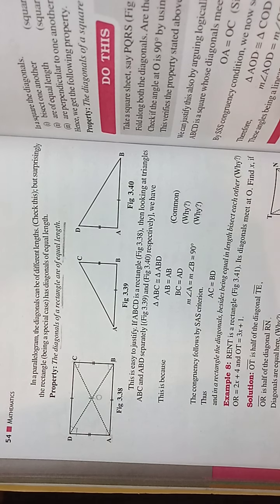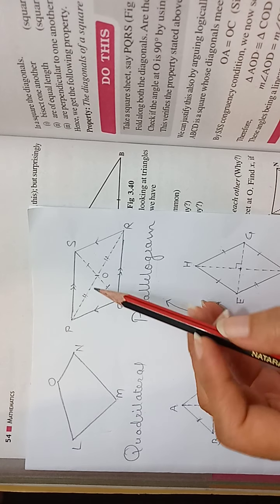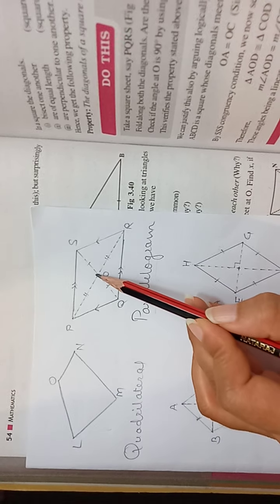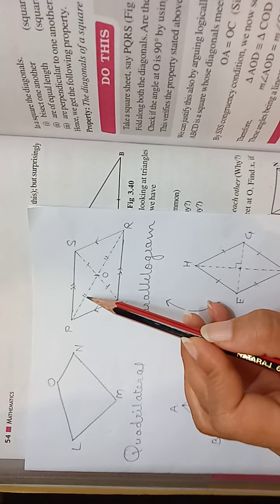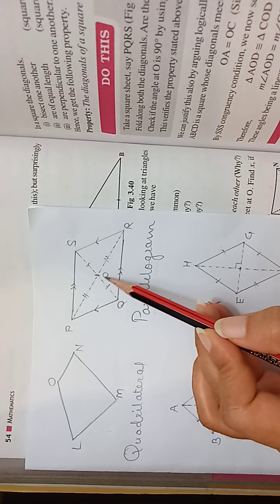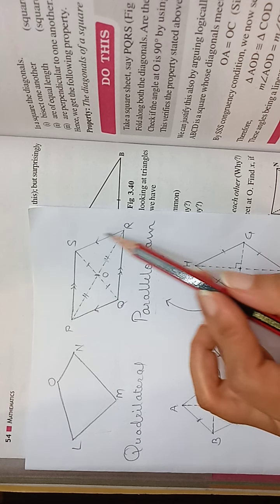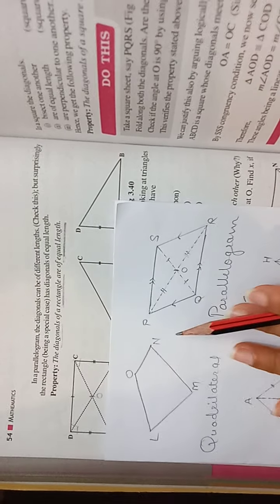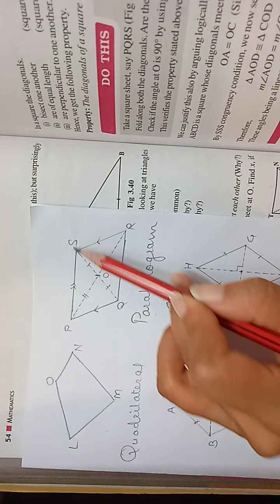Till now we knew that, suppose this is a parallelogram, the intersecting point is the bisecting point only, right? So the diagonal is divided into equal lengths when they bisect at point O, right? But we haven't shown yet that there is such a parallelogram, like a rectangle, where the diagonals are also of equal length.